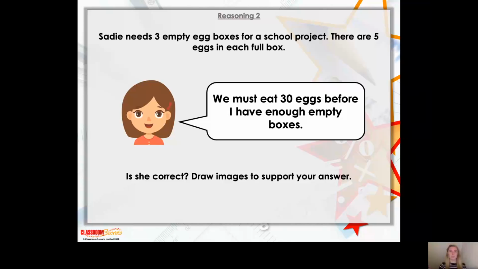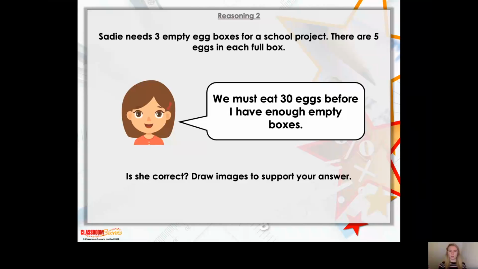So here we have, Sadie needs 3 empty egg boxes for a school project. There are 5 eggs in each box, and she says, we must eat 30 eggs before I have enough empty boxes. So she needs 3 empty boxes, and each of them have 5 in each.